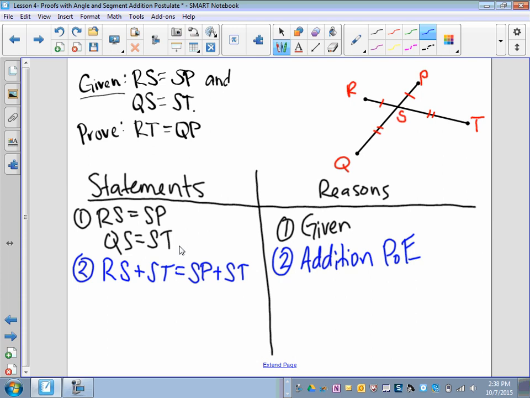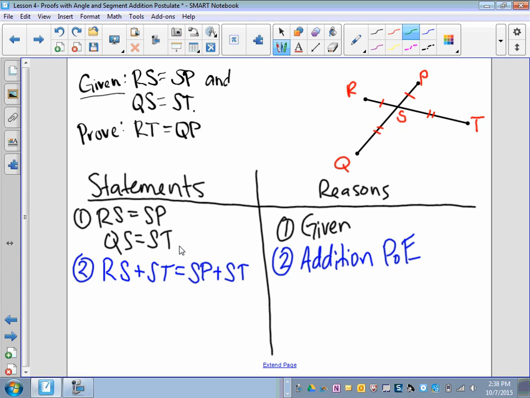Okay, so right now we have just built up the segment addition pieces for RT, right? But we don't quite yet have QP. We have SP plus ST, but we need plus SQ. What can we do? Can I get rid of it? Substitute, right? So RS plus ST, I can make that RT, but we don't want to do it quite yet.